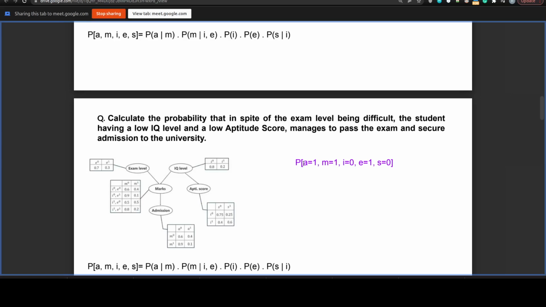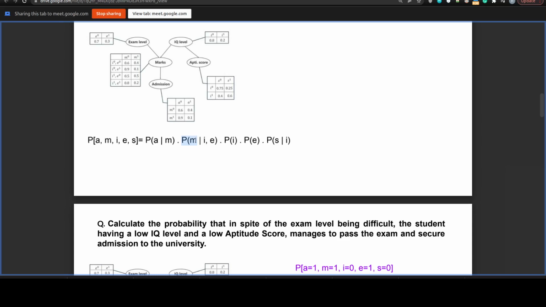Then there is this M variable that determines the marks. Then there are I and E variables that determine the IQ and the exam level.